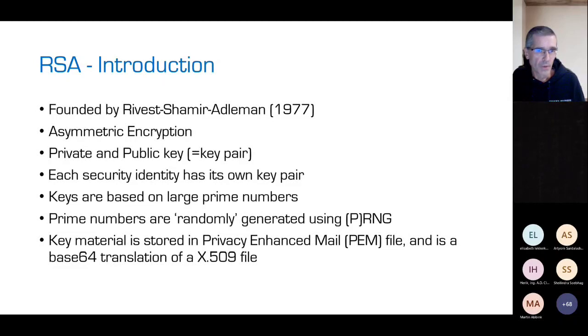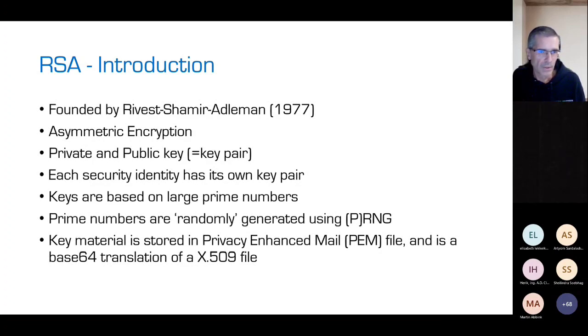Now, when you generate a key pair, meaning you generate a public and a private key, each security entity will have its own key pair. So if you have a web server where the public and private key is generated, it will be stored on that server. And if you have another web server on the internet, then this server will have its own public and private key pair.